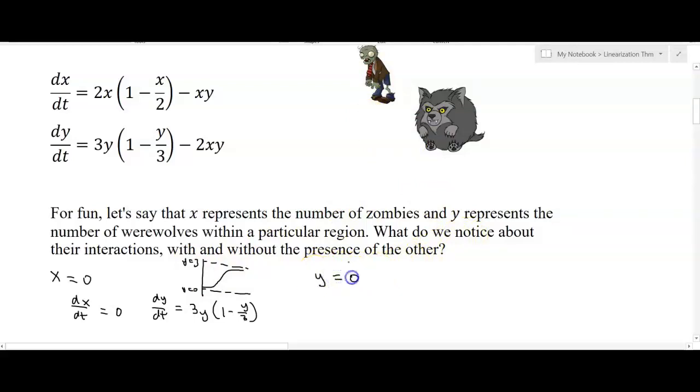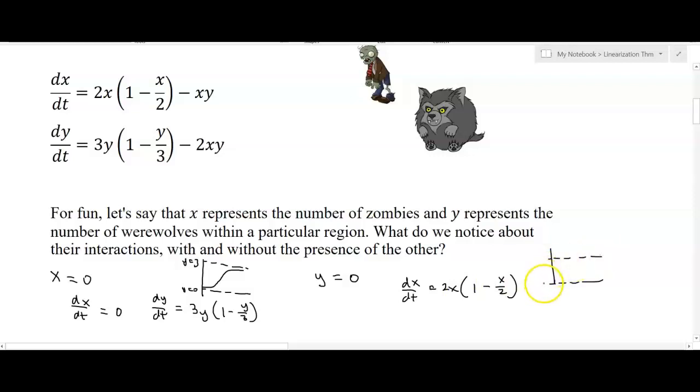Now when y is equal to 0, and there are 0 werewolves, then dx/dt becomes logistic. The second term goes away, and we're left with 2x times (1 - x/2). That's again going to be logistic growth, but in this case, rather than have 0 and 3 as equilibrium points, you can't quite have as many werewolves.